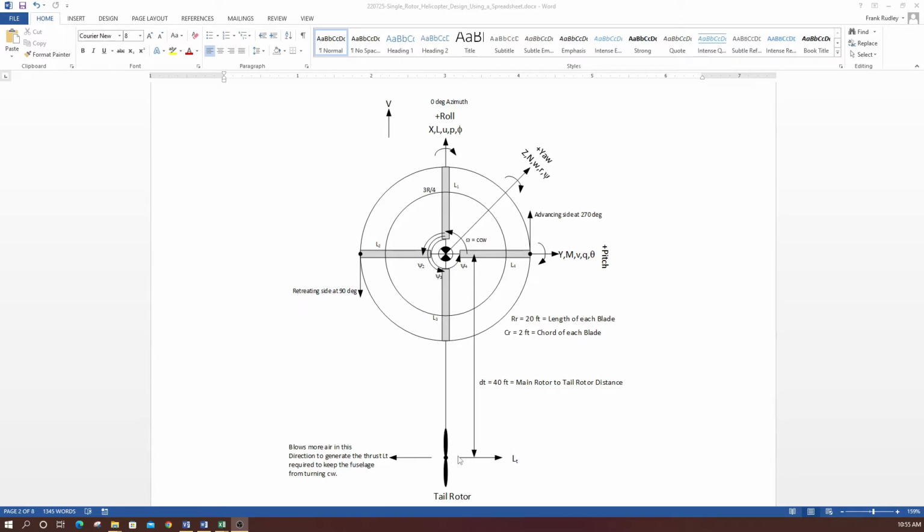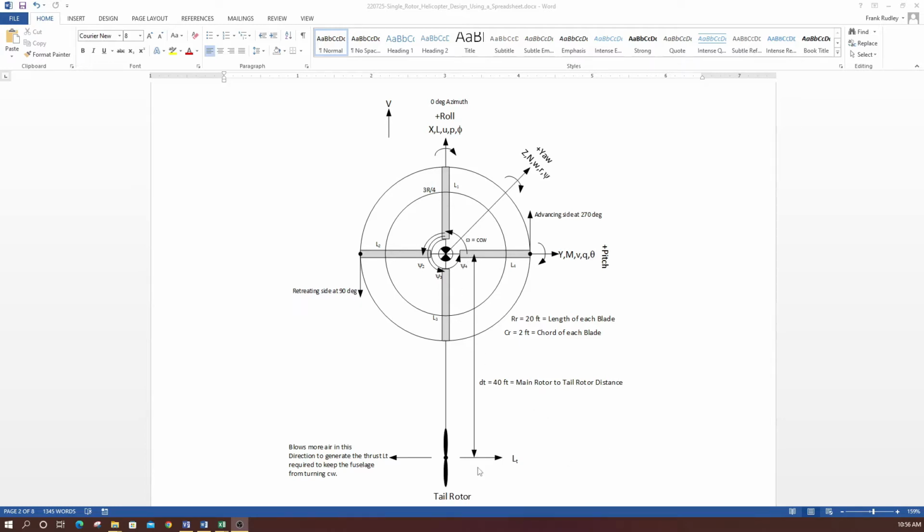Without this tail rotor, with the rotor turning counterclockwise, the fuselage would tend to turn clockwise. So this tail rotor is set up to blow air in this direction to keep the fuselage from turning clockwise. I call the thrust LT, which is lift. It's basically lift from the tail rotor. That's why it's LT.